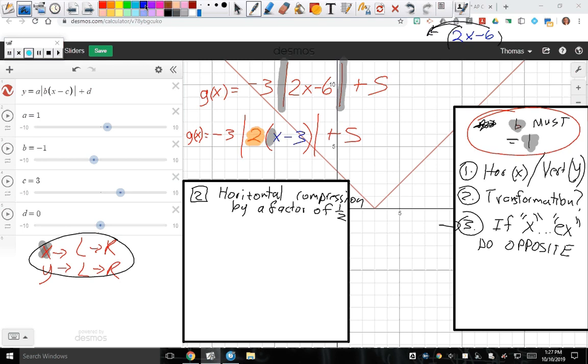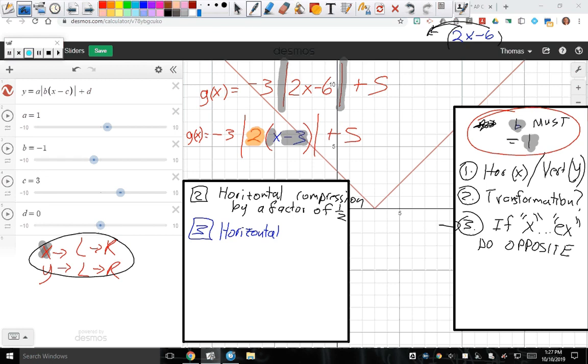The 3. This 3 right here. Okay? Horizontal or vertical? Horizontal. Why is it horizontal? It's with X. So horizontal what? It's not multiplying.